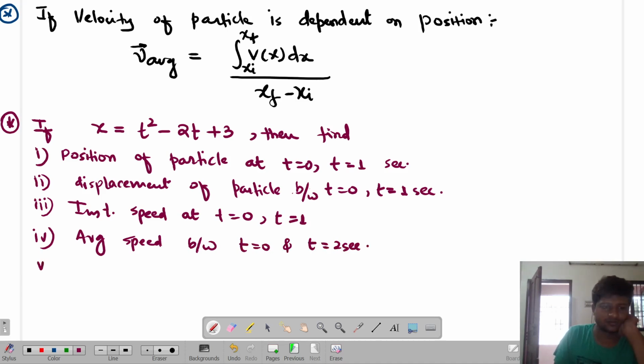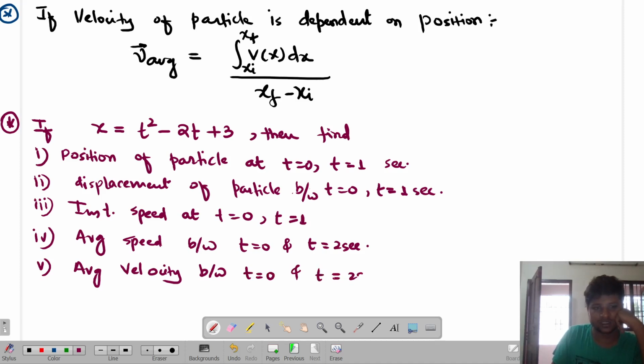Got it? Fifth, average velocity between t is equal to 0 and t is equal to 2 seconds. Do it. 5 questions in one way.